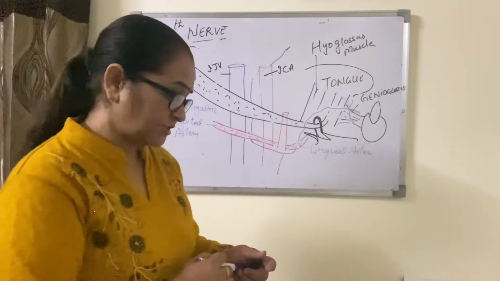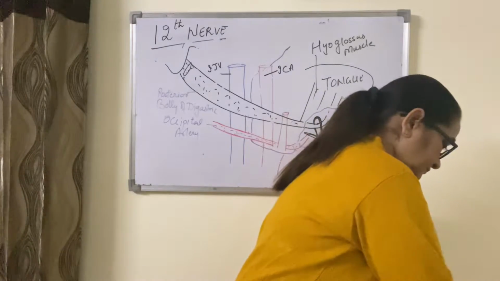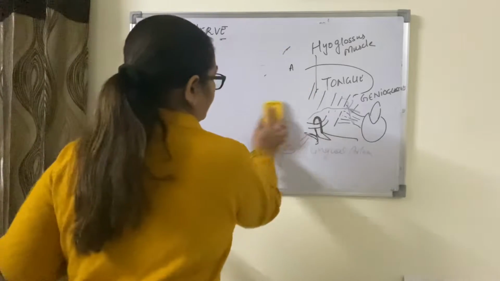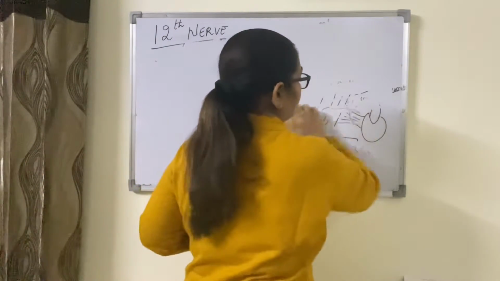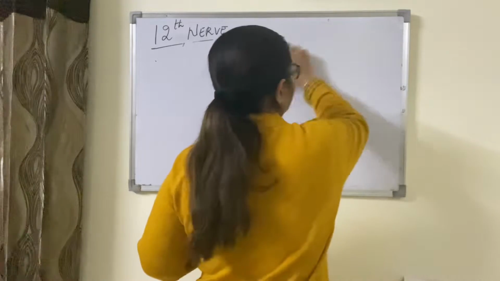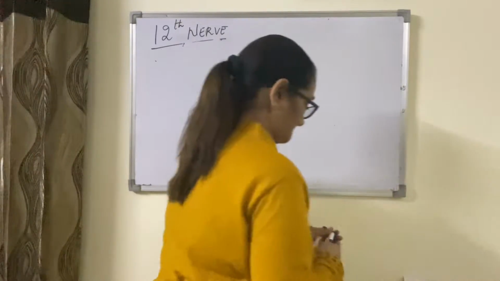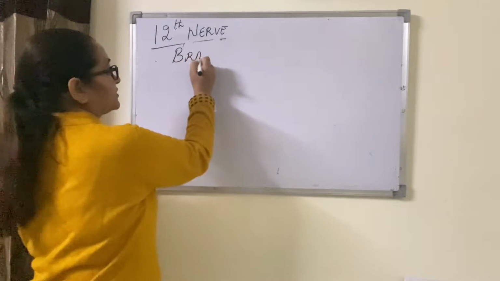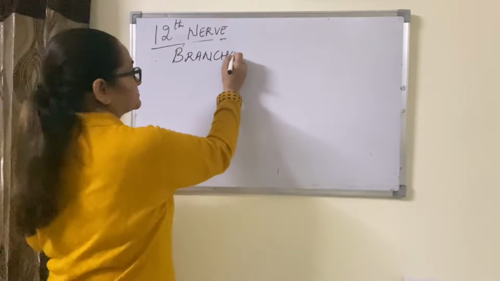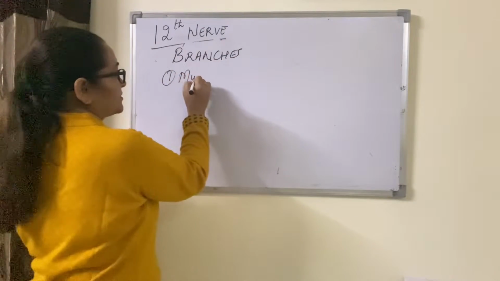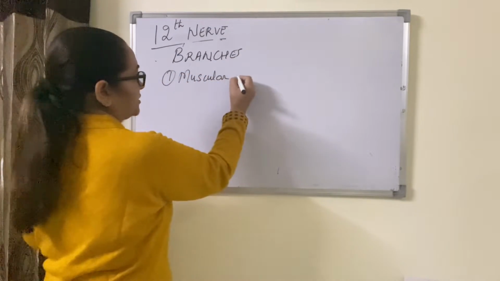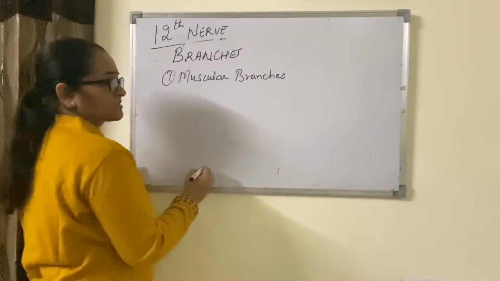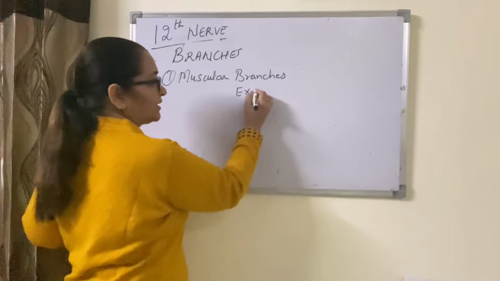Now coming to the branches of this nerve. First are the muscular branches. I told you, muscular branches supply all the intrinsic and extrinsic muscles of the tongue except palatoglossus.